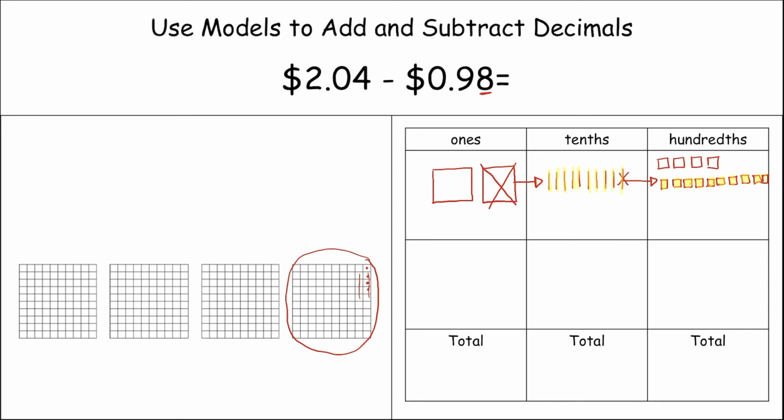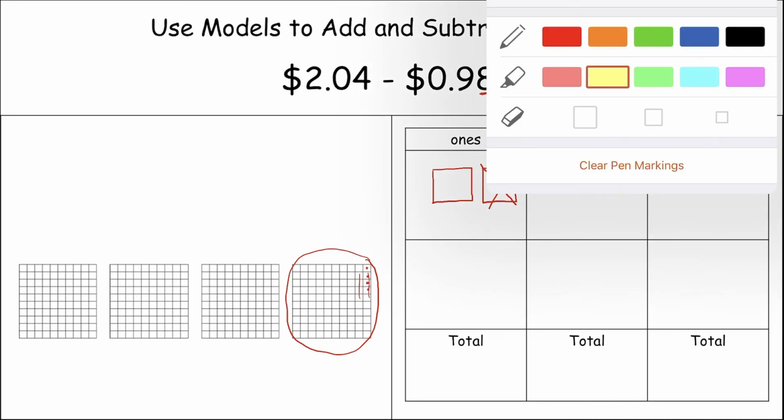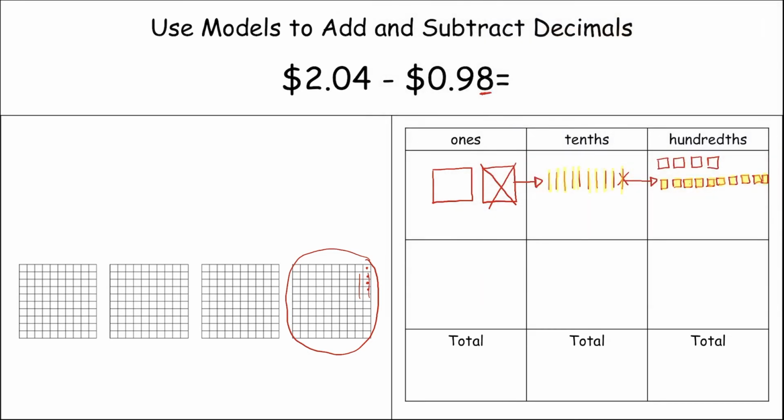These were the brand new ones that were regrouped. All right, here we go. Now can I take 8 away? Yes, I can. 1, 2, 3, 4, 5, 6, 7, 8. How many are left? 1, 2, 3, 4, 5, 6.